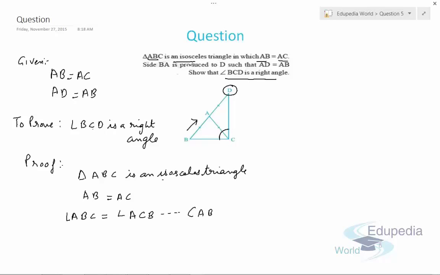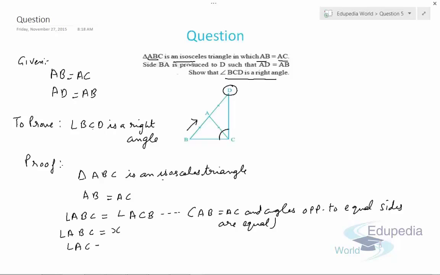Because AB equals AC and angles opposite to equal sides are equal. So let's say angle ABC equals x. Then angle ACB will always equal x. So this angle is x, and this is also x.